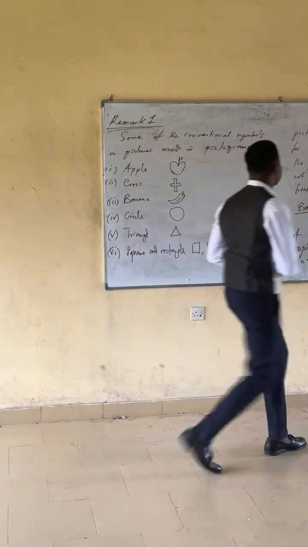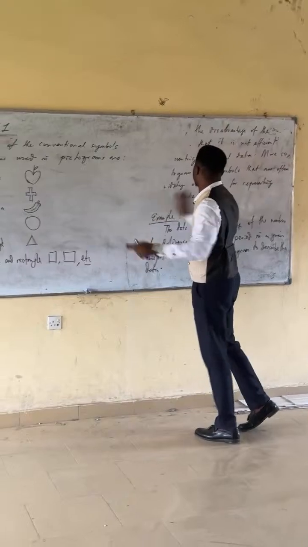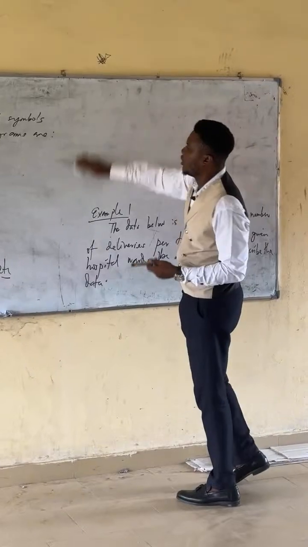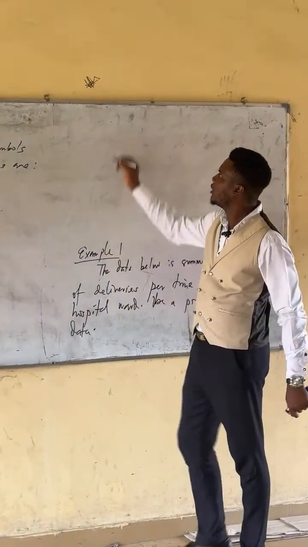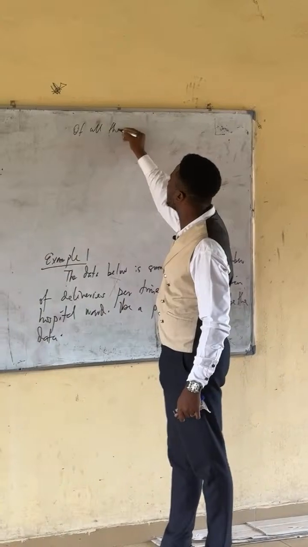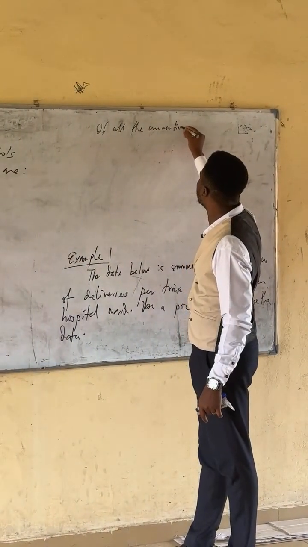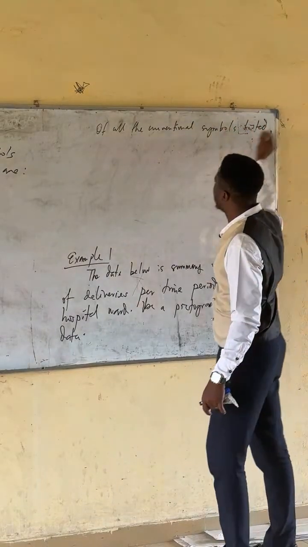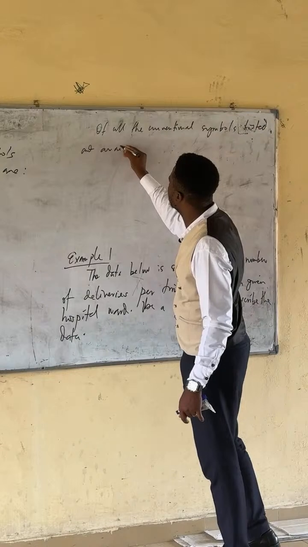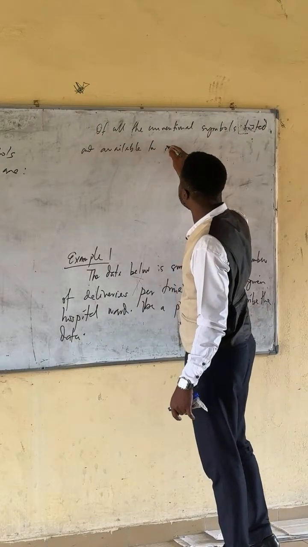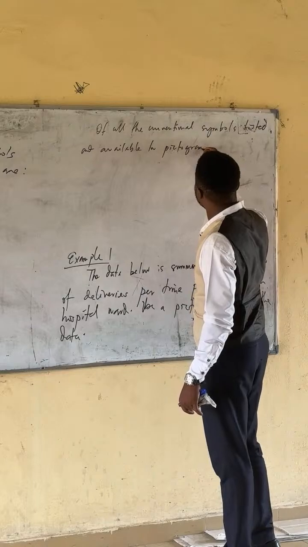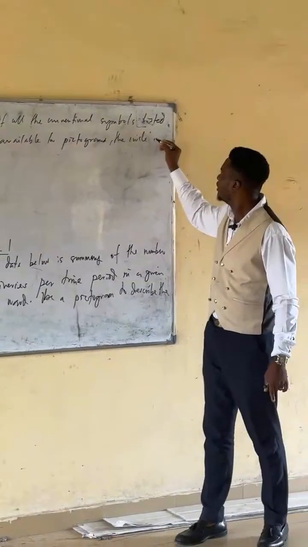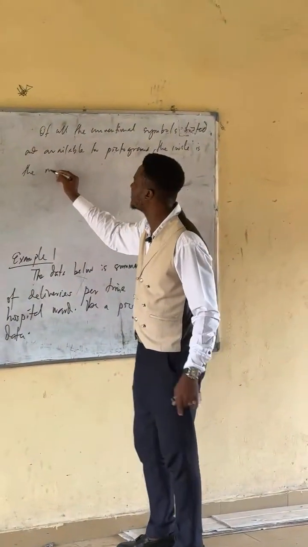Now, let's see how that is used. So, let's bring the data back here. But before that, let's also put this down. Of all the conventional symbols listed and available for pictograms, the circle is the most flexible.